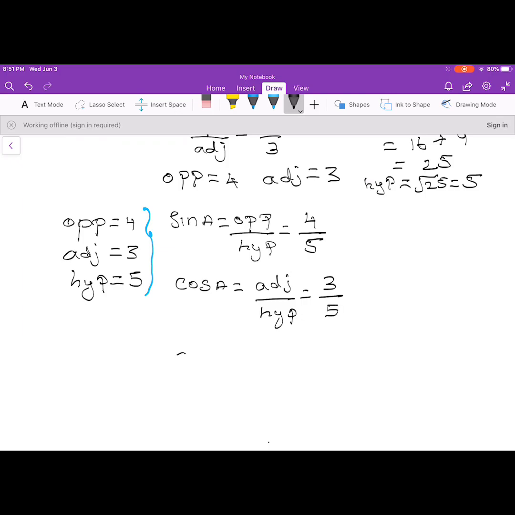So we will go with cosecant A. Cosecant A is 1 by sine A, that is 1 by 4 by 5. On reciprocating this, I will get 5 by 4.